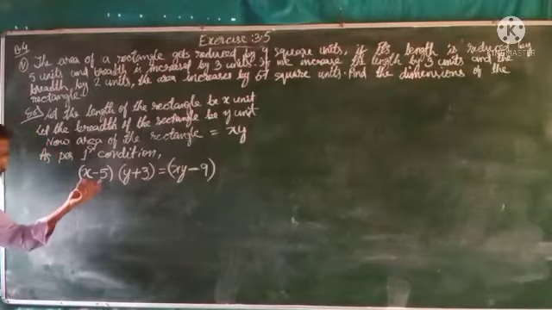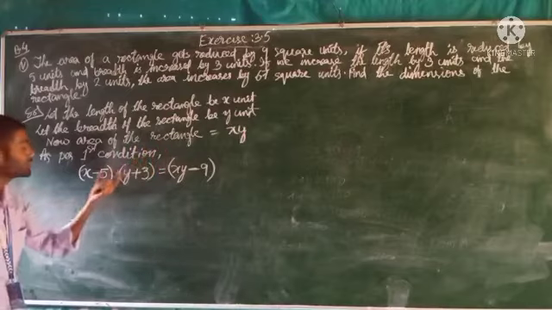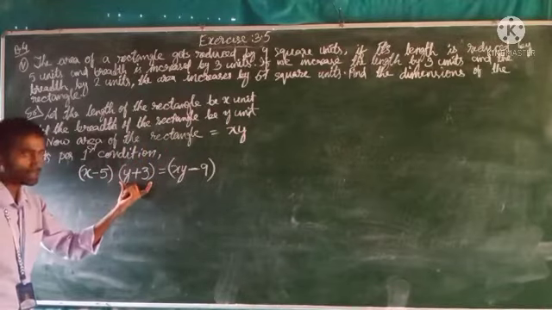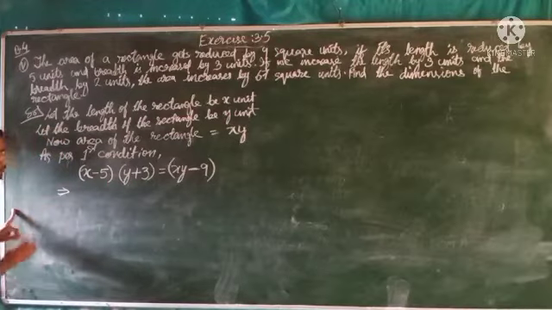Now here why we have multiplied here? That is when we are saying about area, that is length into breadth, that is why we have multiplied here. So we'll remove these brackets.